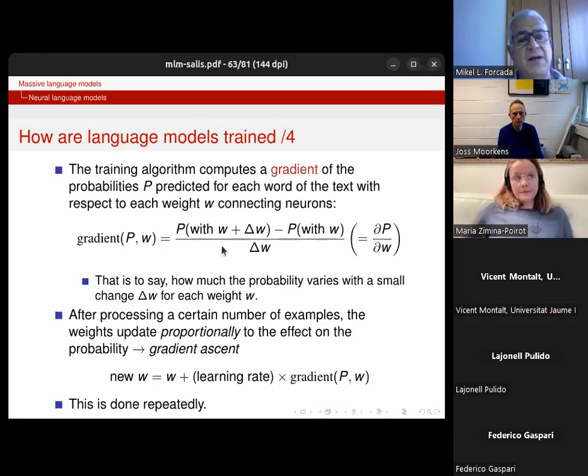And the gradient is basically the difference in the probability with the new weight and with the previous weight, divided by the size of the change, for a very small change delta of the weight. So when they talk about gradient, this would be the gradient of P with respect to W.